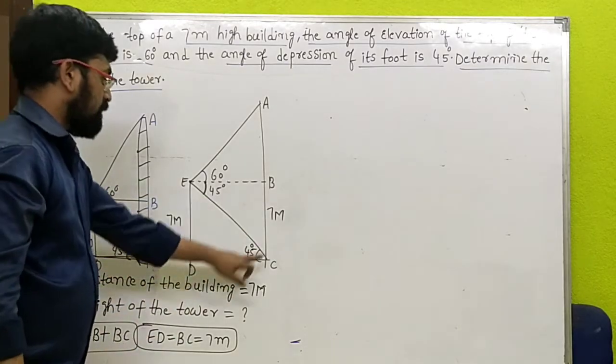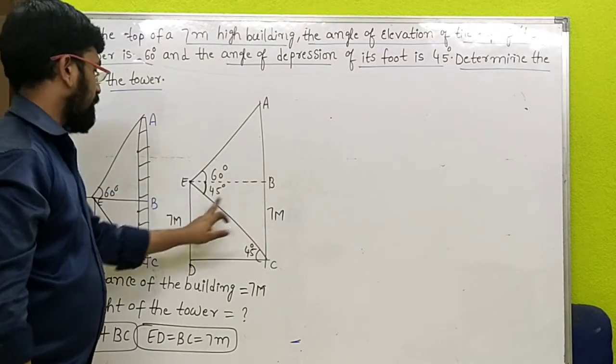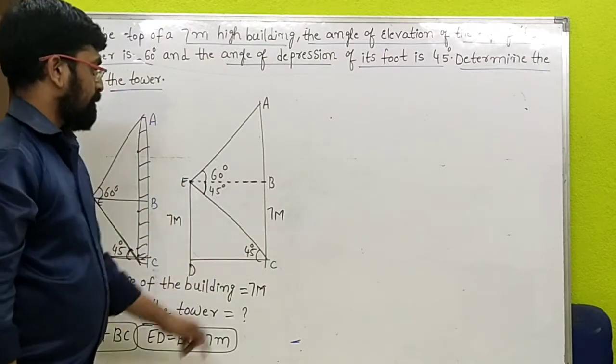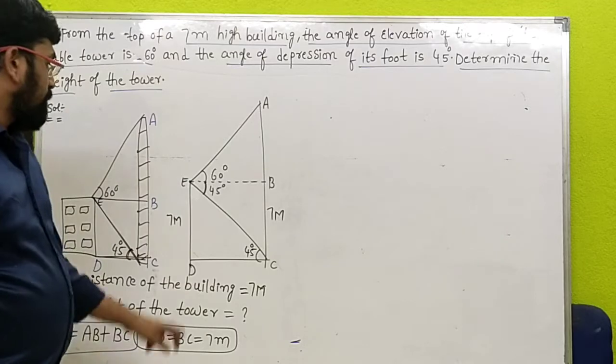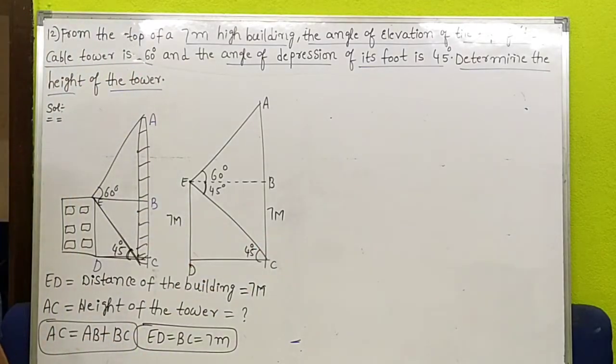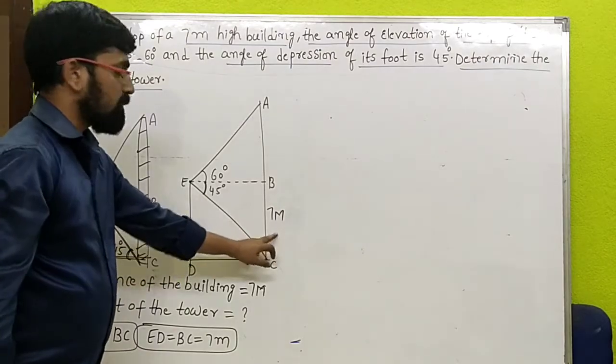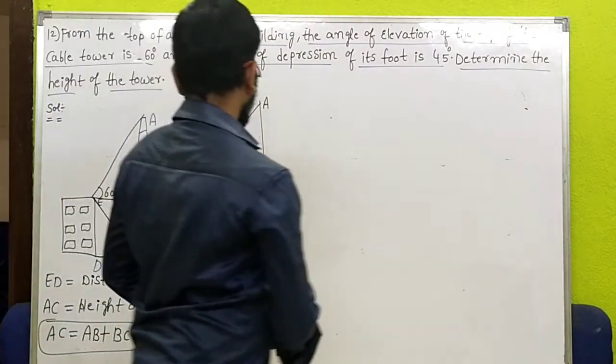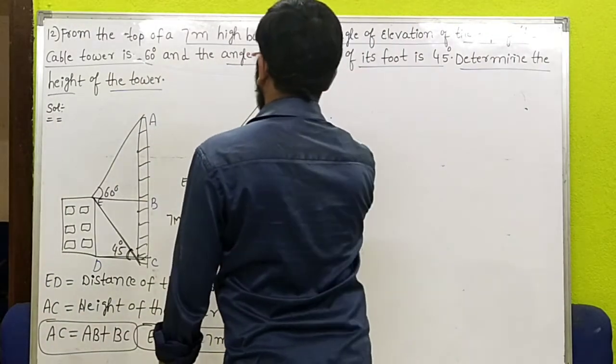It actually looks like a square, but we take the rectangle shape, so opposite sides are equal, 7 and also 7.